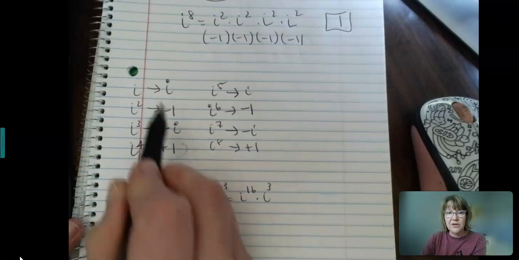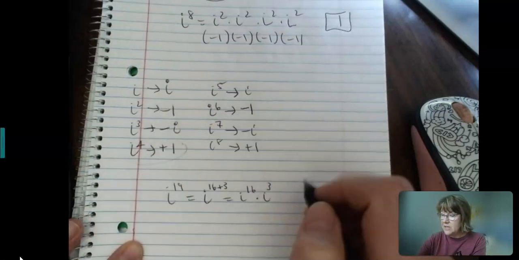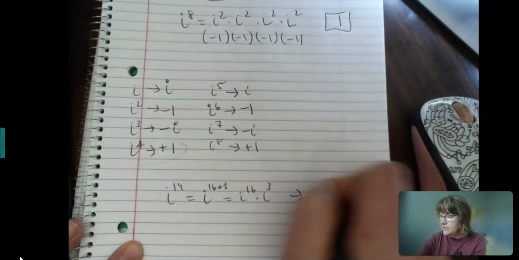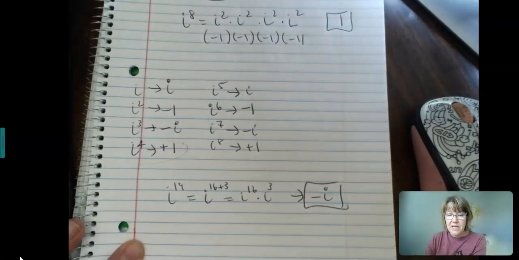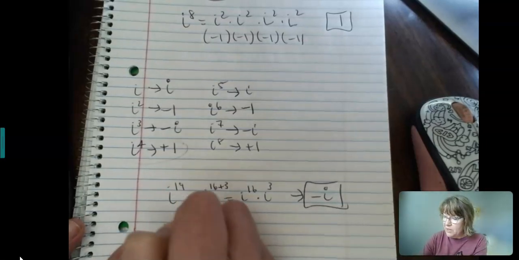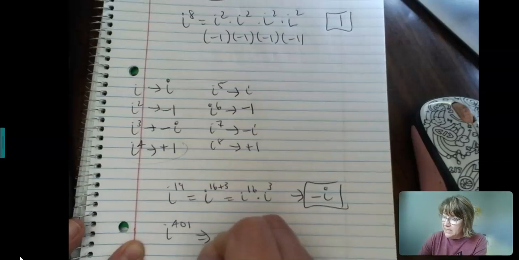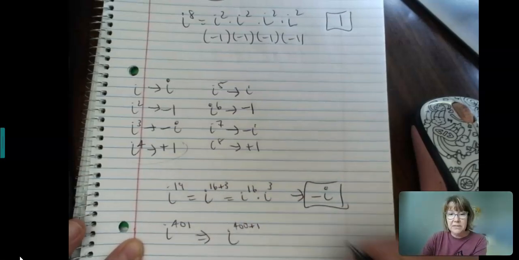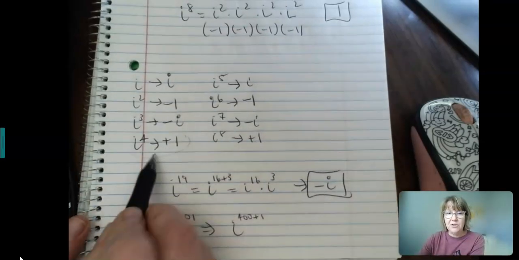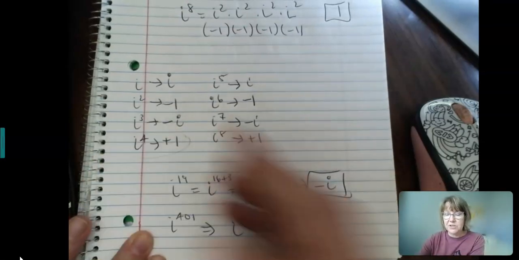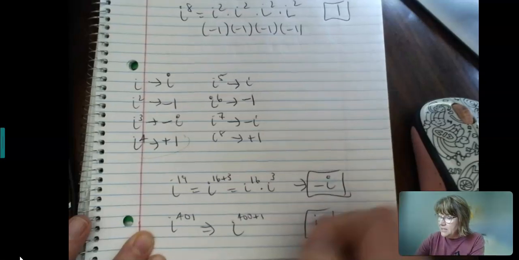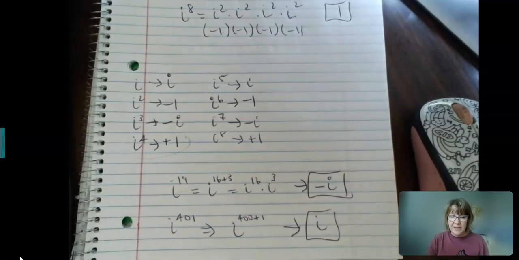So then i to the 3rd, 1, 2, 3, this is going to end up being a negative i. And then what about i to the 401st? Well, again, I can write that as 400 plus 1. The 400 is going to land me there. One more is going to be just i. And so those first two aren't as bad as they look.